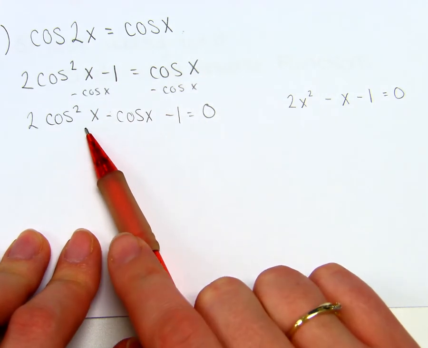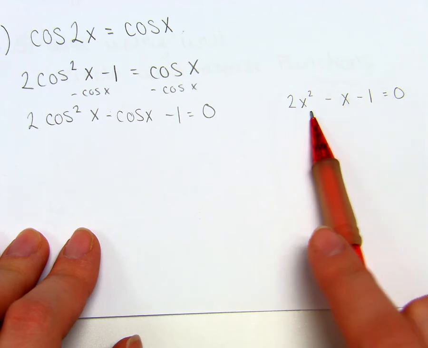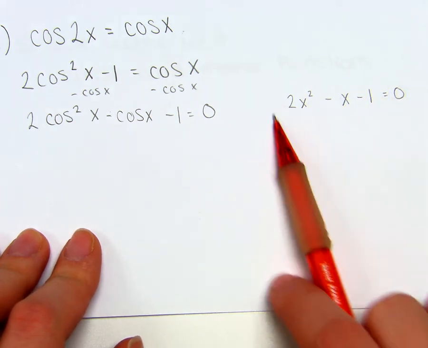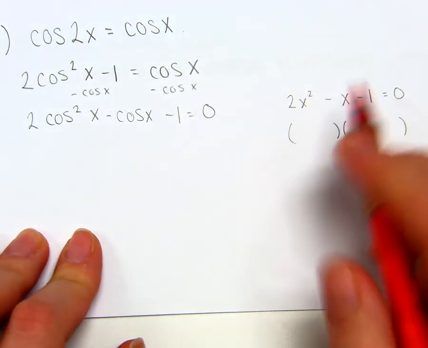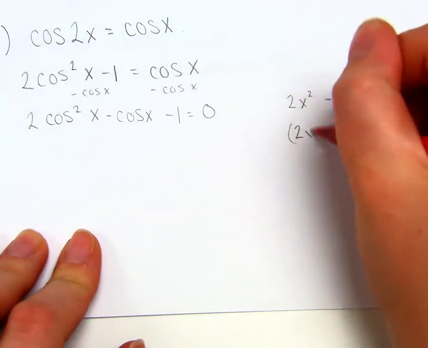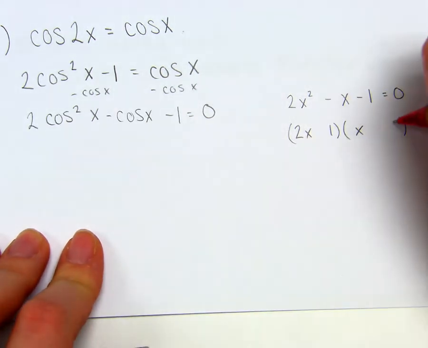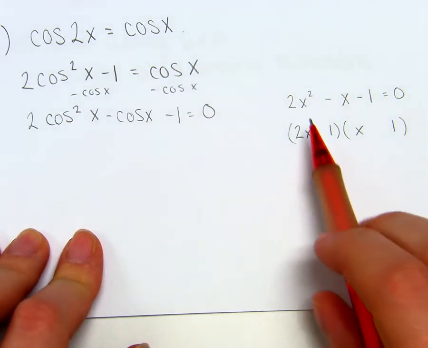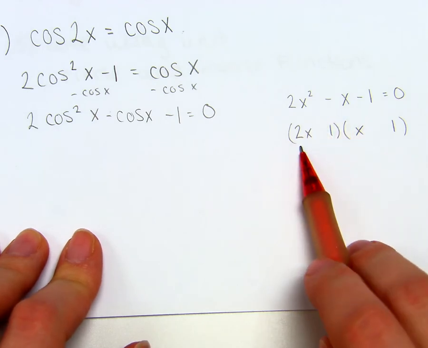I'm just going to have cosines in front of my x's instead of just x's. So if I were to factor this quadratic function, I'd have to multiply to 2x squared, so that'd have to be 2x and x. I have to multiply to 1, that's only 1 and 1. Then you'd have to figure out your signs, and when you have a number in front of one of your x's, you have to do the outers and the inners.